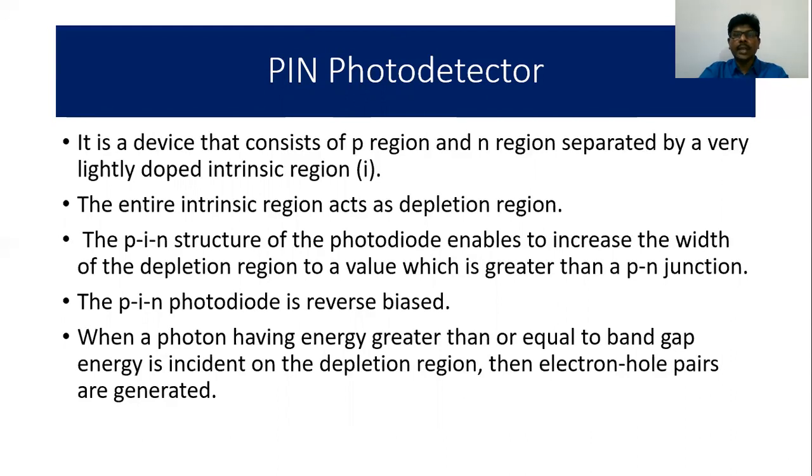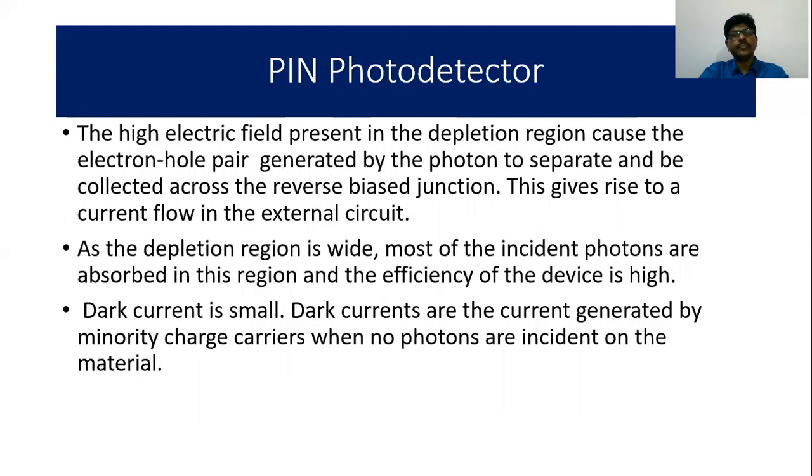When a photon having energy greater than or equal to the band gap energy is incident on the depletion region, then electron hole pairs are generated. The high electric field present in the depletion region cause the electron hole pair generated by the photon to separate and be collected across the reversed biased junction.